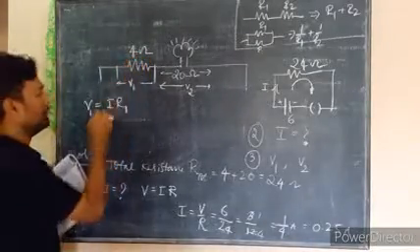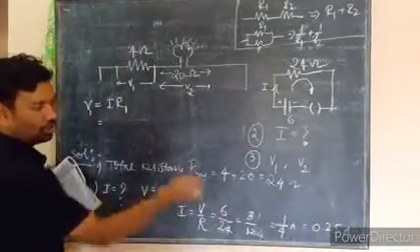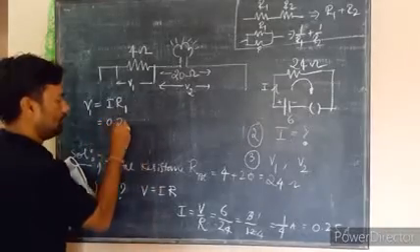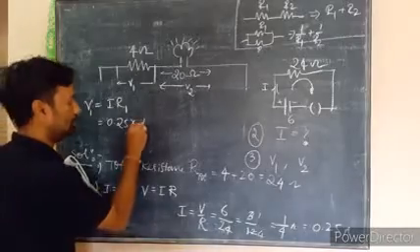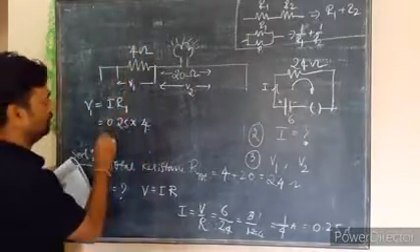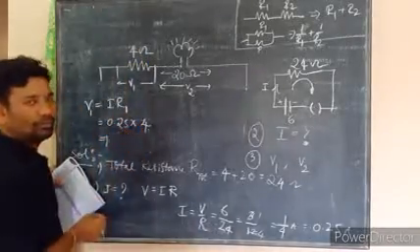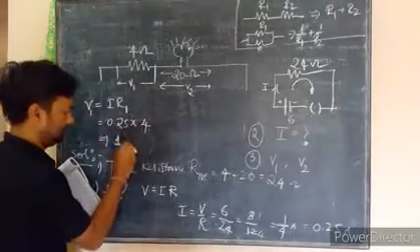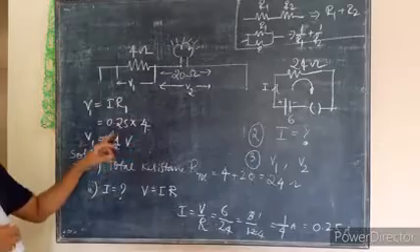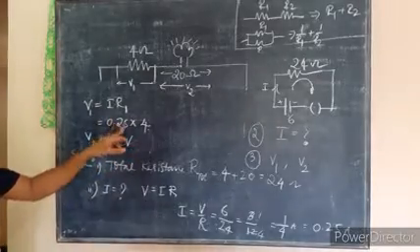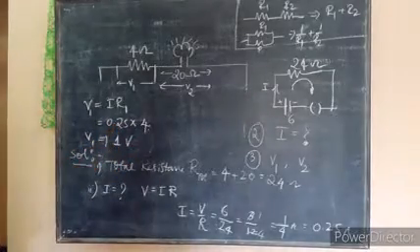Current I you already got as 0.25, into resistance R1, which is 4. 25 times 4 is 100, so after two decimal places it will be 1 volt.